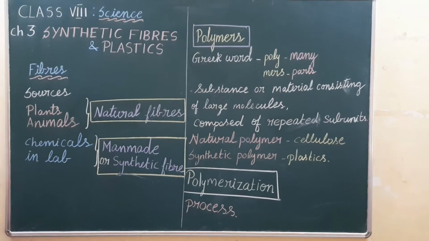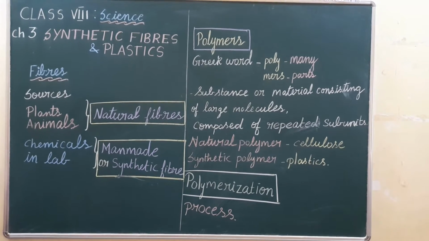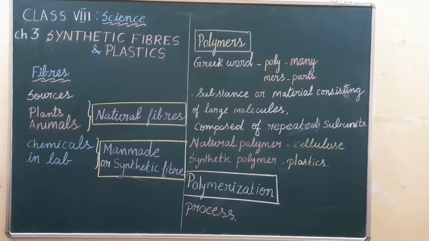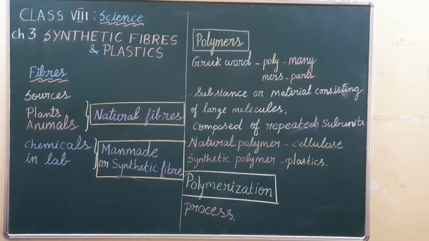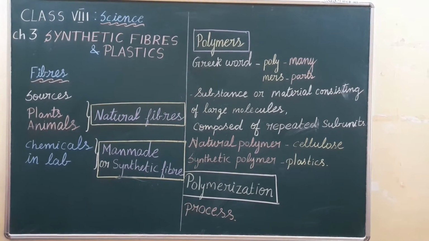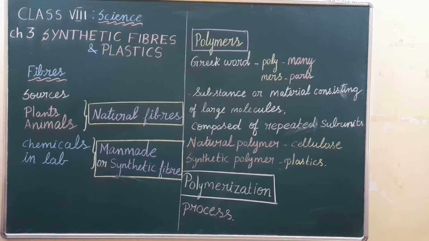These repeated units can be either of the same type or of different types. When similar or different units are linked together with the help of chemical linkages or bonds, it is called a polymer.